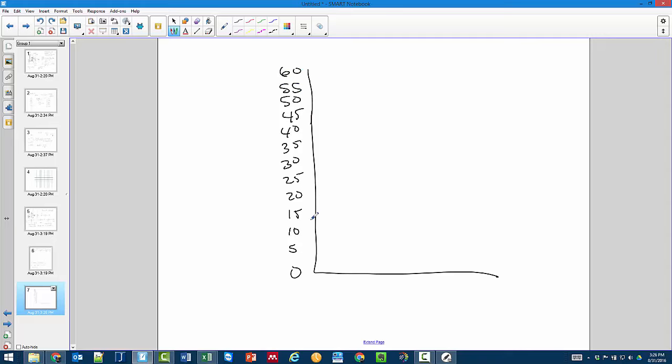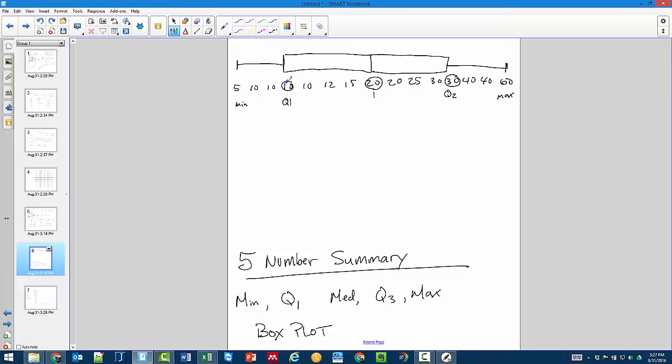So there is what I'm going to use for my chart. I am going to mark those things that I had, and I'm going to double check them in a second, but I believe the minimum was 5. The maximum I know was 60. Let's check out quartile 1 and quartile 3 here. So I had quartile 1 is 10, 20, and 30 for these things.